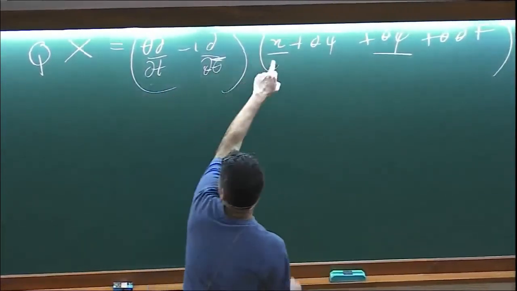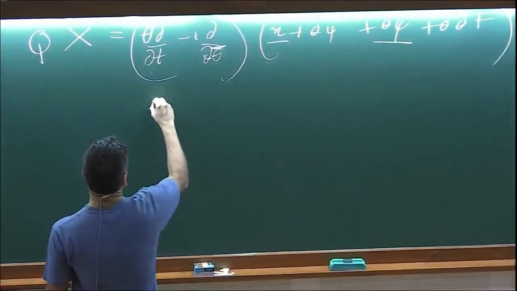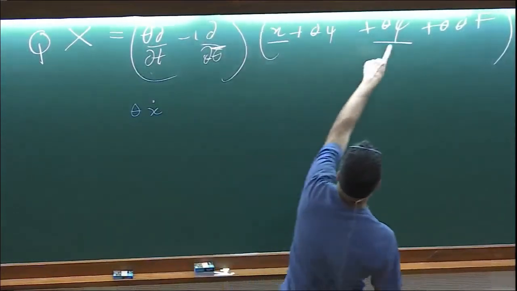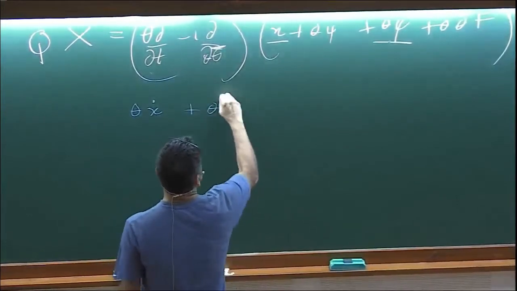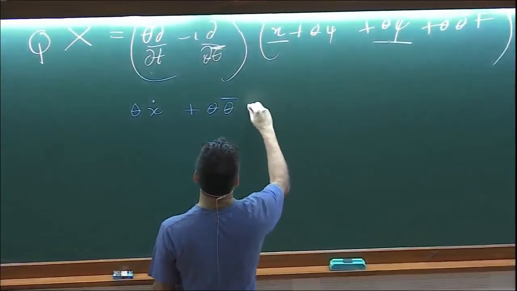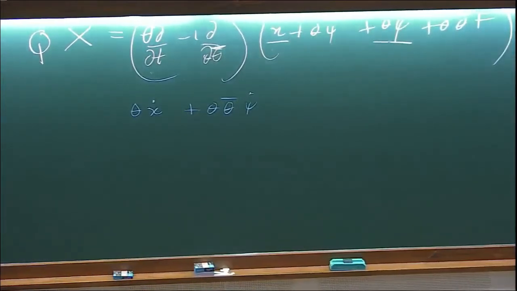Acting on this guy gives us, the first term is x dot theta, and the second term is plus theta theta bar psi dot. Is this clear?